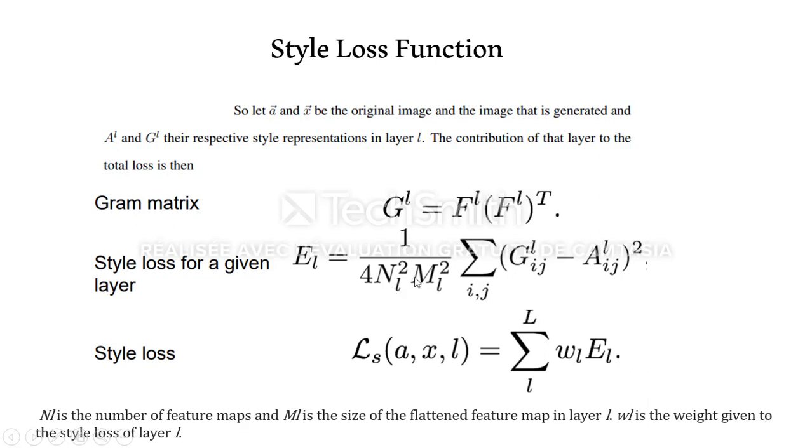And then I'm going to normalize this with N_l squared and M_l squared. So N_l is the number of feature maps and M_l is the size of the flattened feature map in layer L. Okay, so this is for one layer.